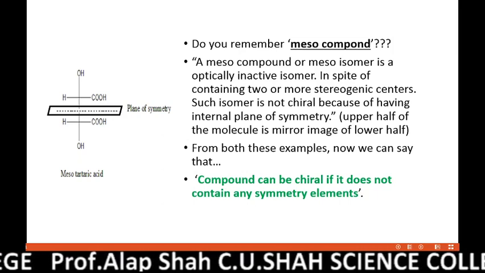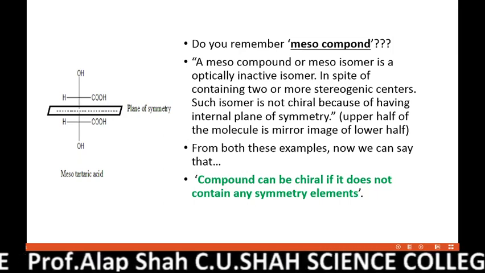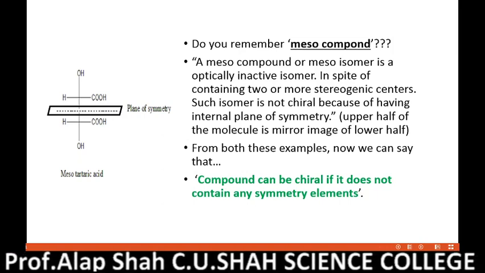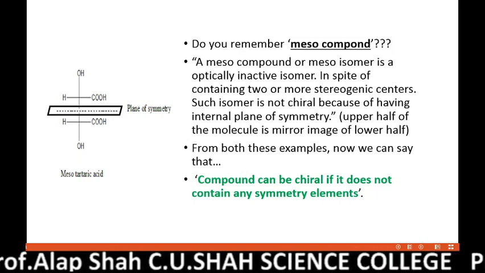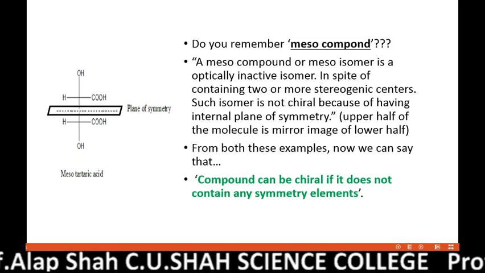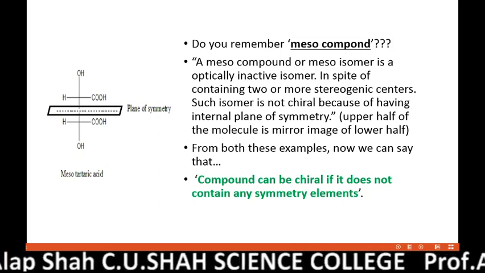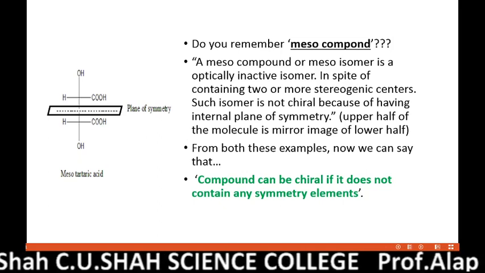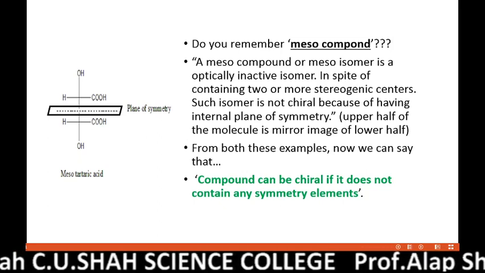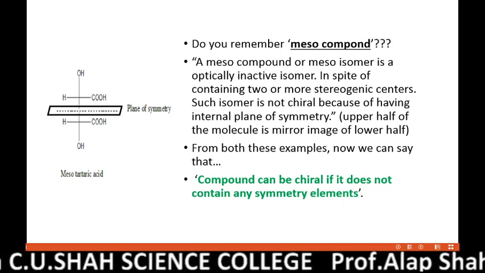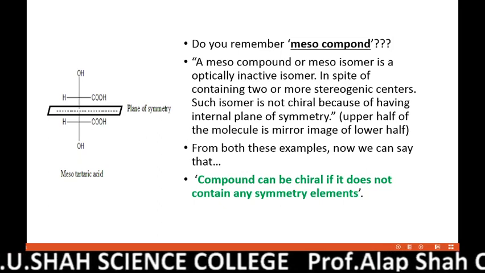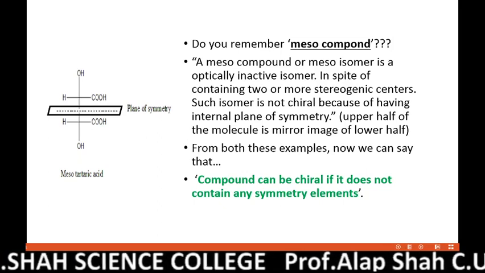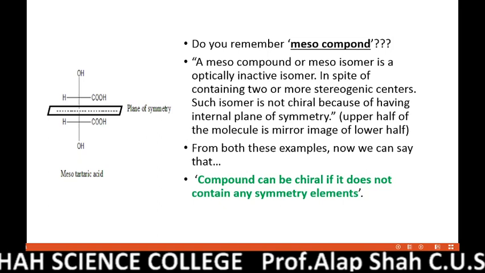So from this discussion, we can say that a compound can be chiral or optically active only if it doesn't contain any symmetry elements. There shouldn't be any symmetry elements present in the compound so that it can be optically active.